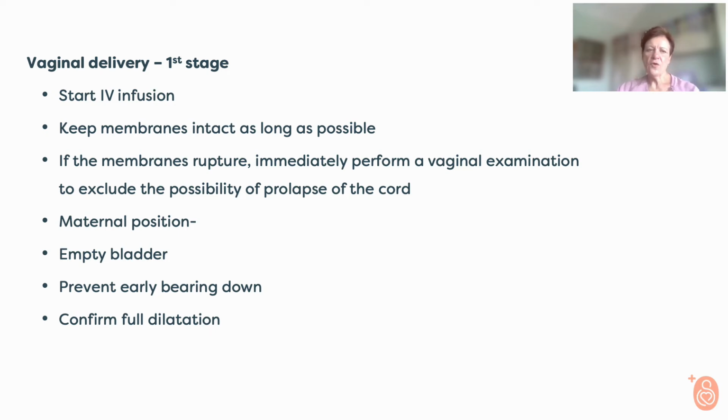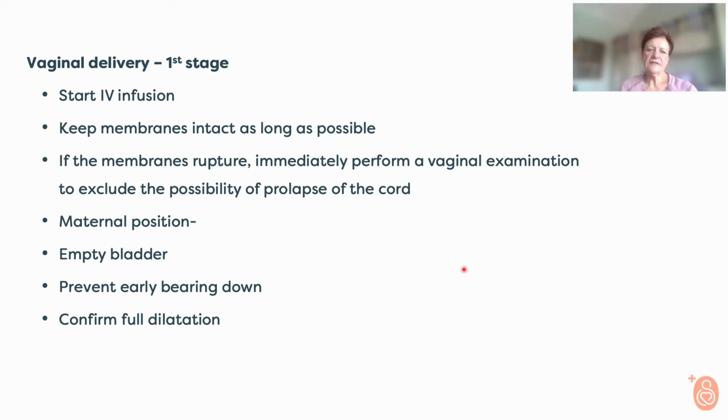First of all, in all kinds of abnormal presentations, it's a good idea to put the IV infusion on, so that if there are any problems, and these patients also have a higher incidence of postpartum hemorrhage, then at least we have an open line already in.